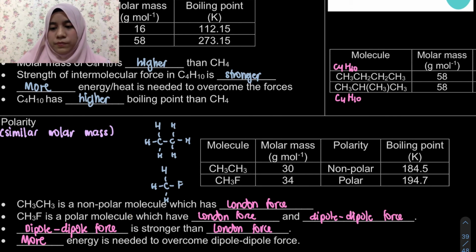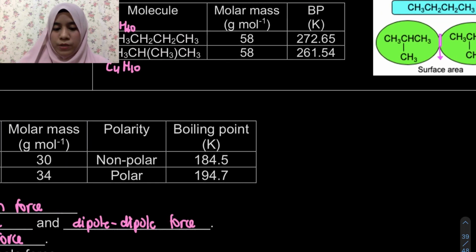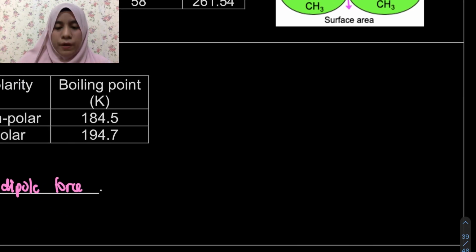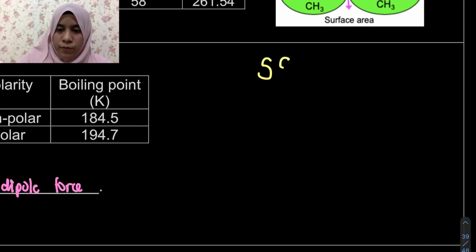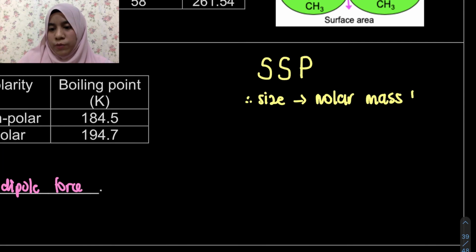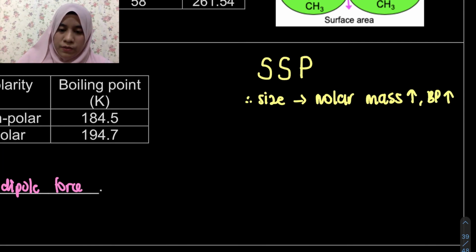Okay. So, yang kat tepi ni just nak buat summary. In terms of comparison, kita akan tengok pada ni lah. Size, shape, polarity. Kalau size ni, kita akan tengok pada kita punya molar mass. Kita punya boiling point pun akan jadi higher. So, next is actually in terms of shape.